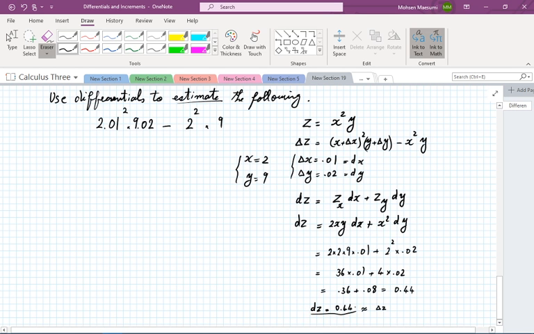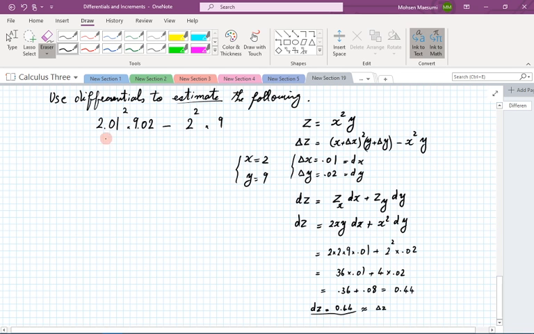To be sure that you have done this correctly, you can actually calculate it on a calculator. Let me see, I can do this on my calculator here. Times 9.02, and then minus 2 squared times 9, so minus 36.